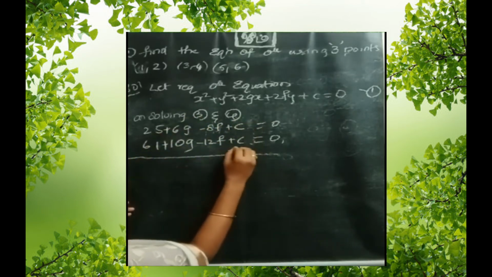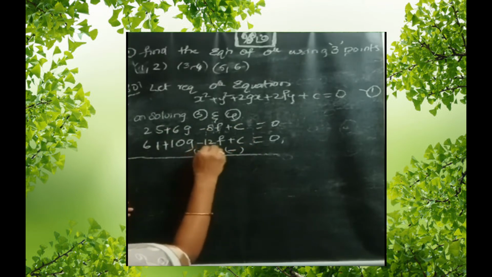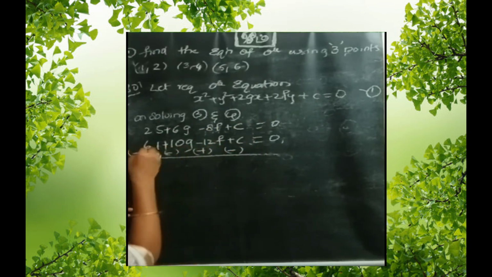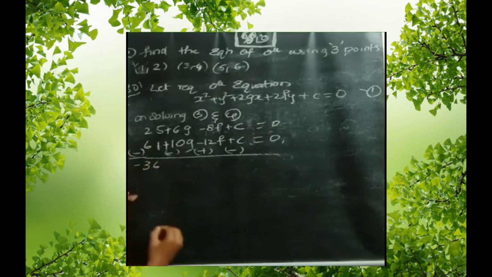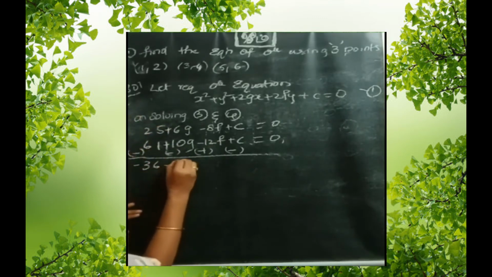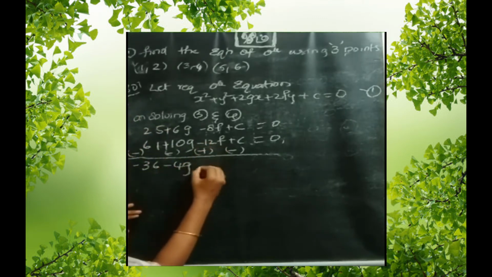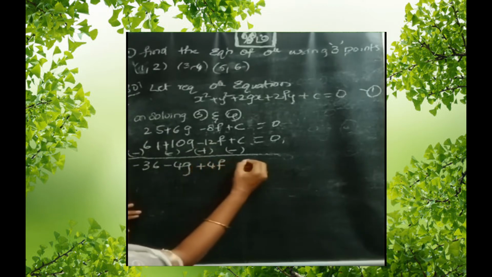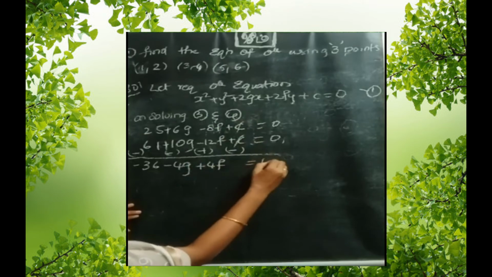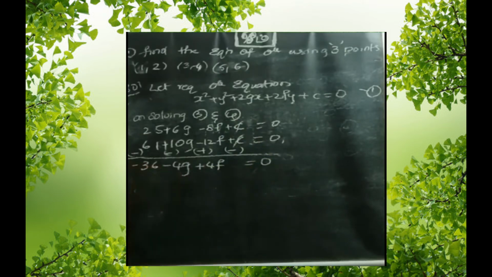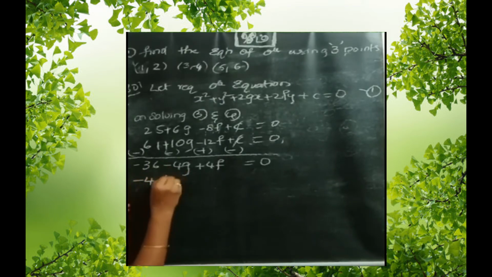Okay, now here minus plus minus minus minus 36, 6 minus 10 minus 4g plus 4f. c will get cancelled. It will be 0. Now take common here. Here g is in the minus, so you take common minus 4.